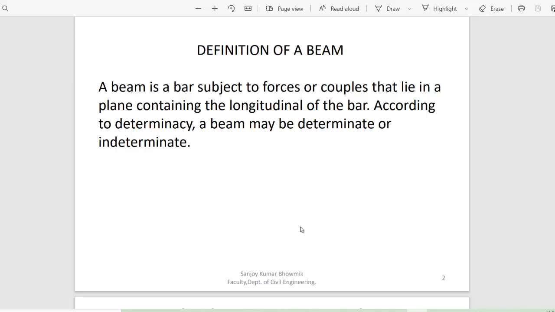A beam is a bar subjected to force or couples. So, do you know what couples are? Couples is also force.